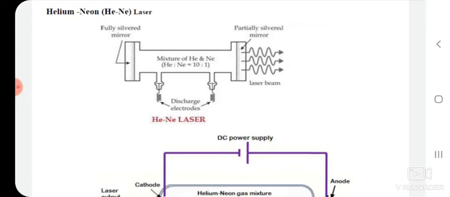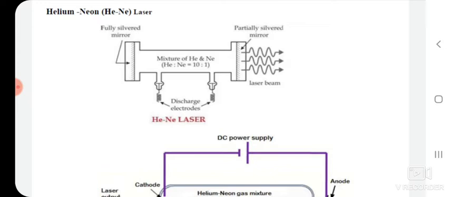That is, 10 atoms of helium and 1 atom of neon gas at a low pressure. Neon atoms act as active centers and are responsible for the lasing action, while helium atoms are used to help in the excitation process.